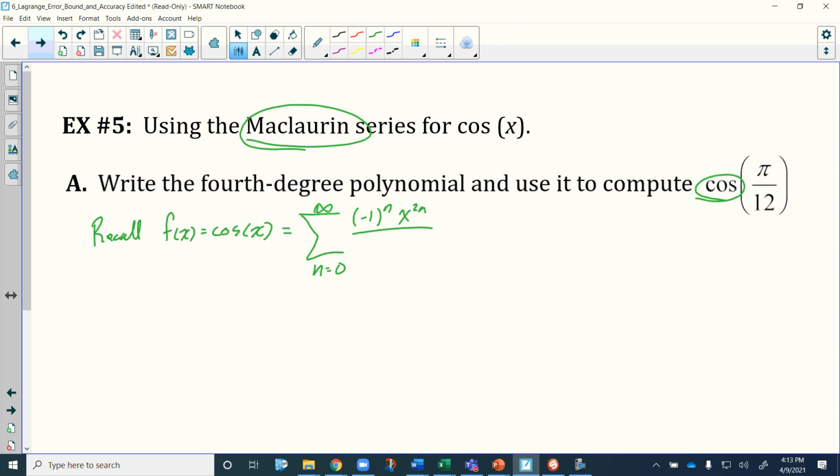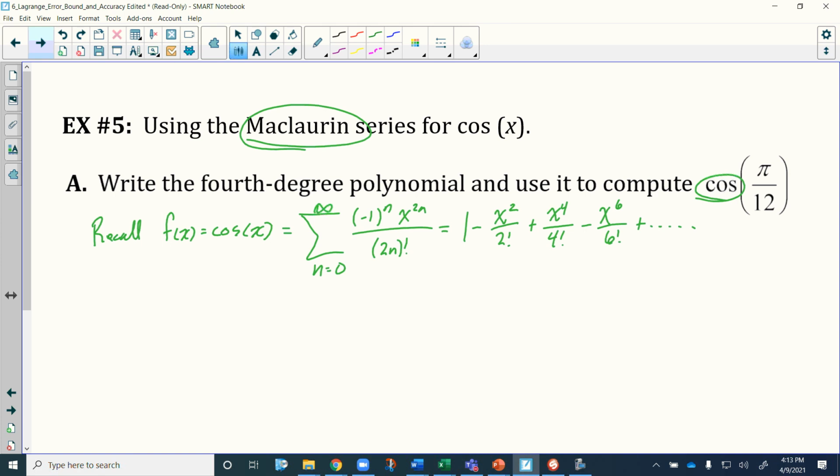And in the denominator we had 2n factorial. And if we expanded that out, we are getting 1 minus x squared over 2 factorial plus x to the 4th over 4 factorial minus x to the 6th over 6 factorial plus, etc.